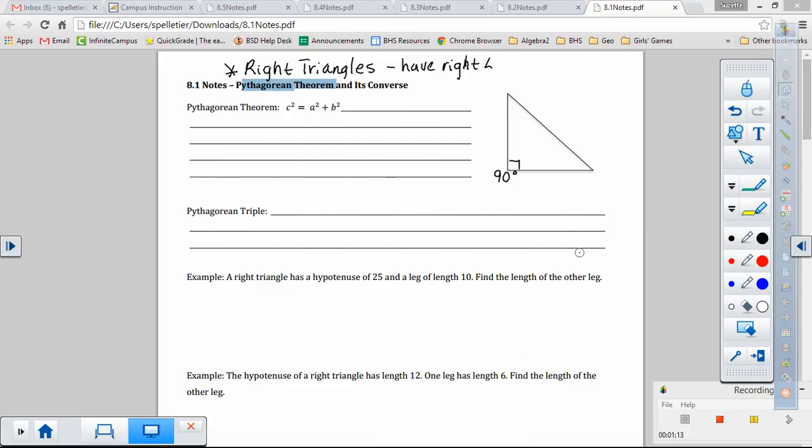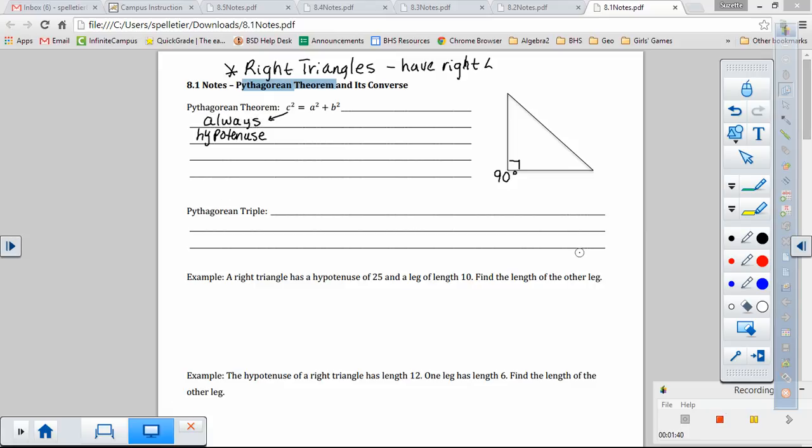So in the case of a right triangle, the Pythagorean theorem states this: c squared equals a squared plus b squared. That's the formula you're going to hear repeatedly. The c represents the hypotenuse. Okay, c is always your hypotenuse. Always.